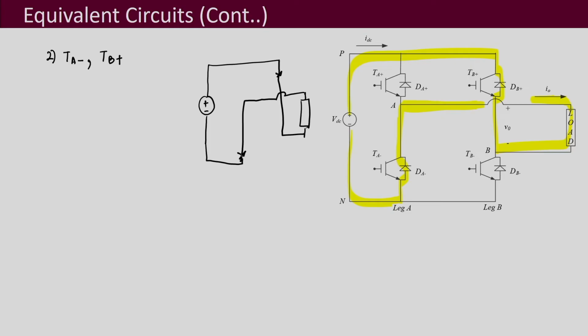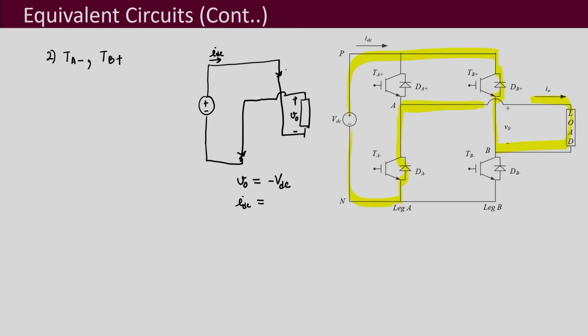So, here one is turned on, here one is turned on, and this is VO, and using this what we observe is that VO, this is coming here, this point is connected downwards, connected to the negative terminal, and this point is connected to the positive terminal. So, the voltage VO will be equal to minus of VDC, and IDC current, what we can observe is that opposite to the load current.